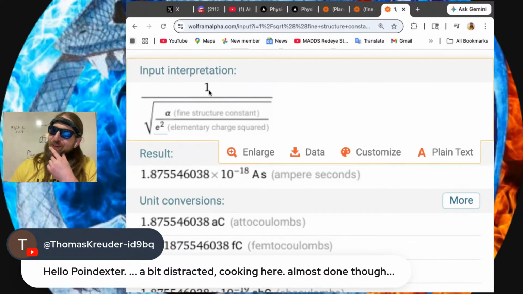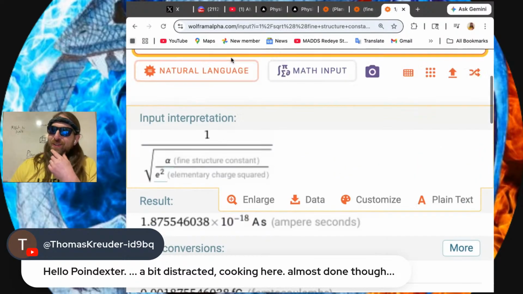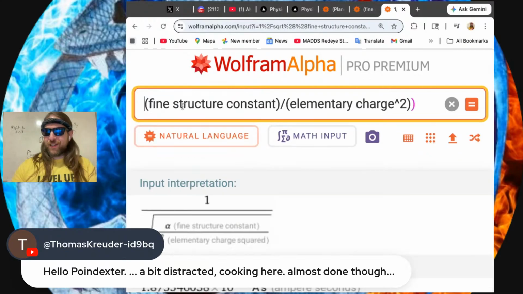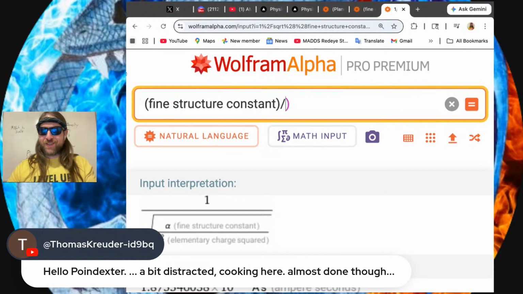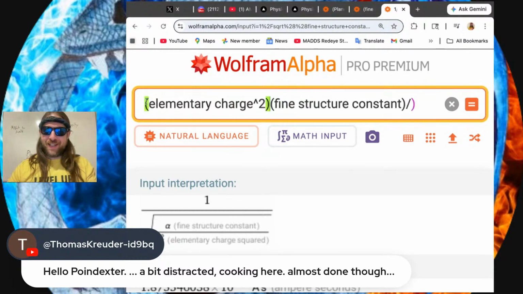Okay, that makes sense, duh. Because if we rewrote this whole thing, just elementary charge squared over the Planck charge squared gives you the fine structure constant. So if you're going to do it the other way, then it's just going to come out like this.